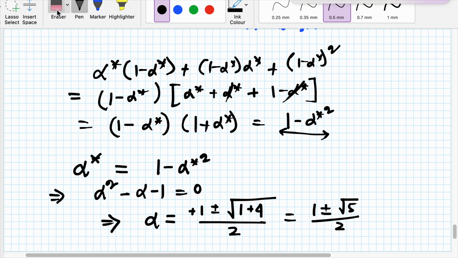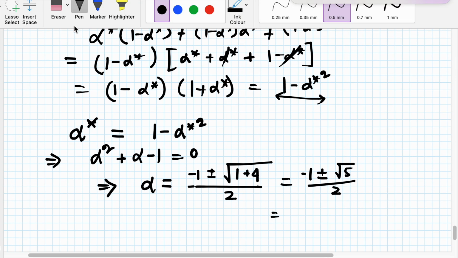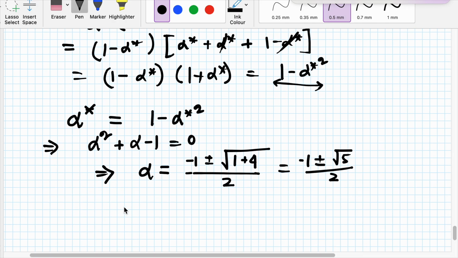I think something is not correct here, this should be plus. Since probability cannot be negative, probability has to be greater than 0.